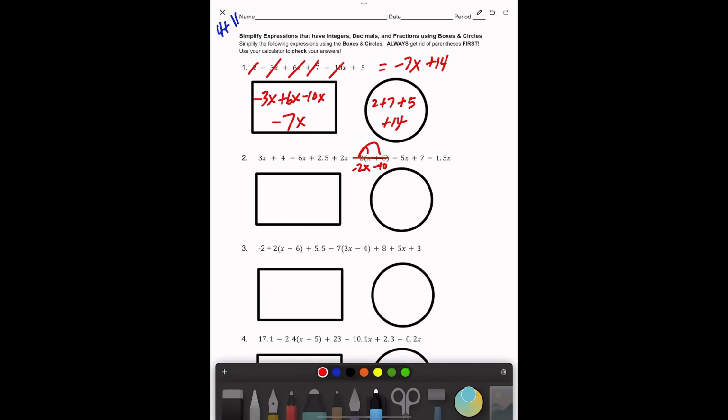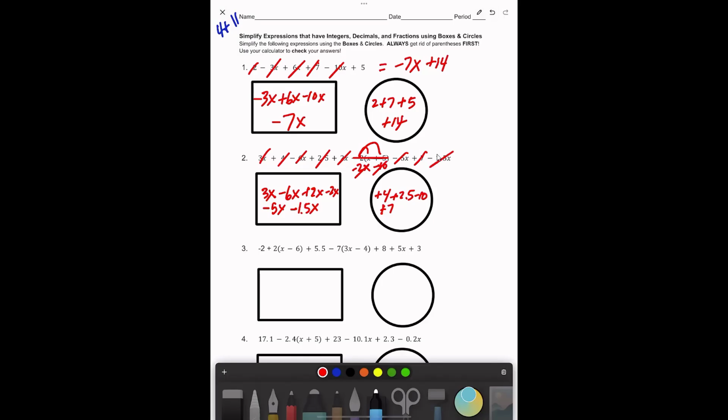So 3x goes into the box, plus 4 goes into the circle, minus 6x goes into the box, plus 2.5 goes into the circle, plus 2x goes into the box, minus 2x goes into the box, minus 10 goes into the circle, minus 5x goes into the box, plus 7 goes into the circle, and then minus 1.5x also goes into the box.